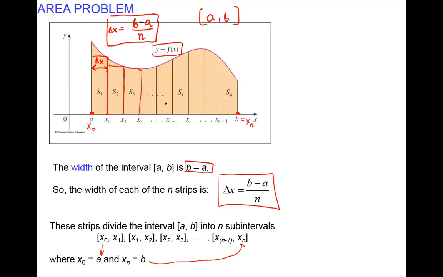And again, that's my rectangle, and so on. I don't want to mess up. That's on the right-hand side. That means I really have to know the value of these sample points, x sub 1, x sub 2, because if n is infinity, I have to have a general formula.